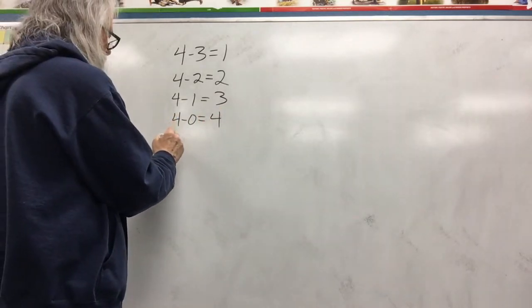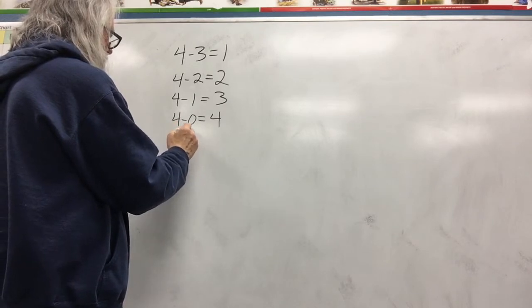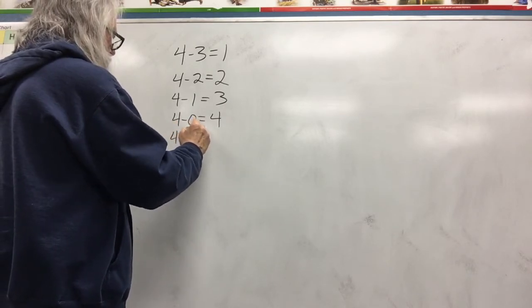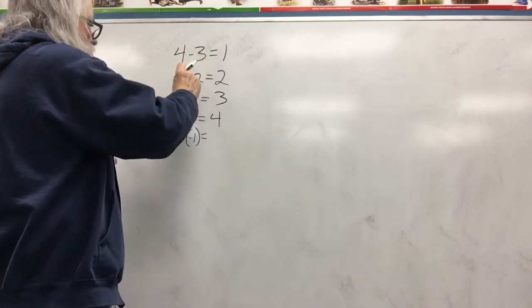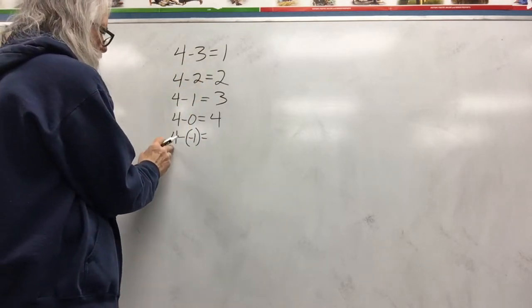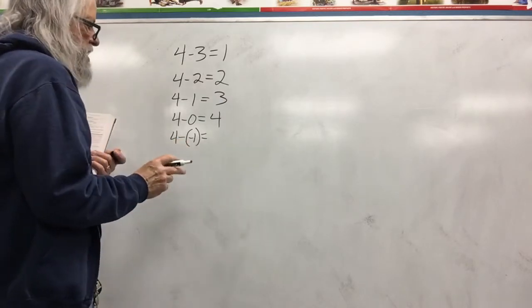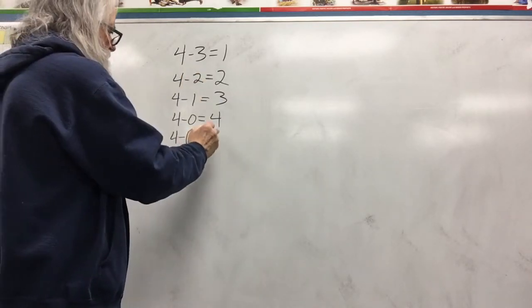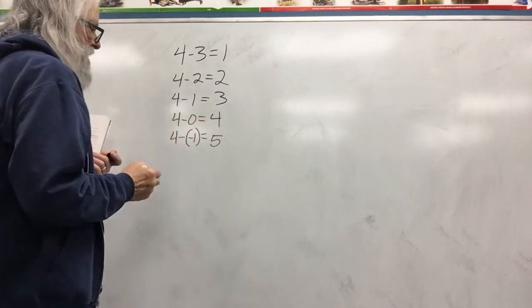And then watch. So now they have 4 minus a negative 1. See, we're just going down 1 each time. So 4 minus a negative 1 is 5.